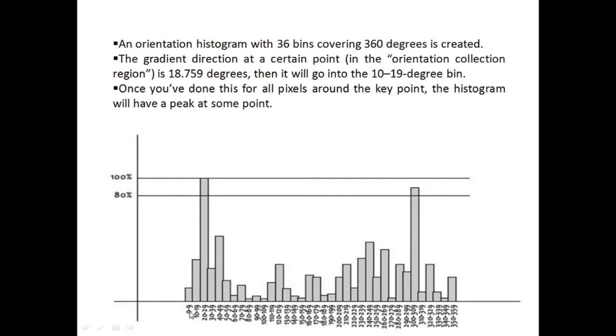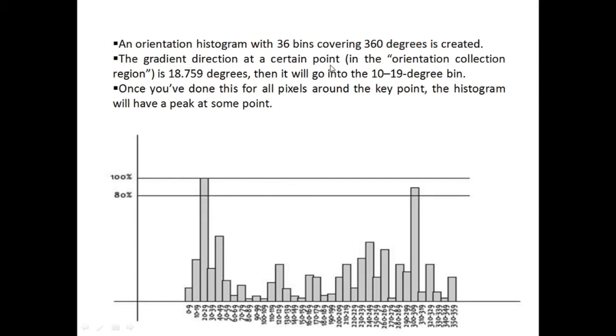That means each and every bin has 10 as its capacity, right? 10 plus 10 plus 10, up to how many tens? 36 tens, or 36 bins. Each bin starts with 0 and ends with 9 degrees. That means each bin carries 10 degrees. Degrees are nothing but the directions. Each bin is carrying 10 directions or 10 degrees.